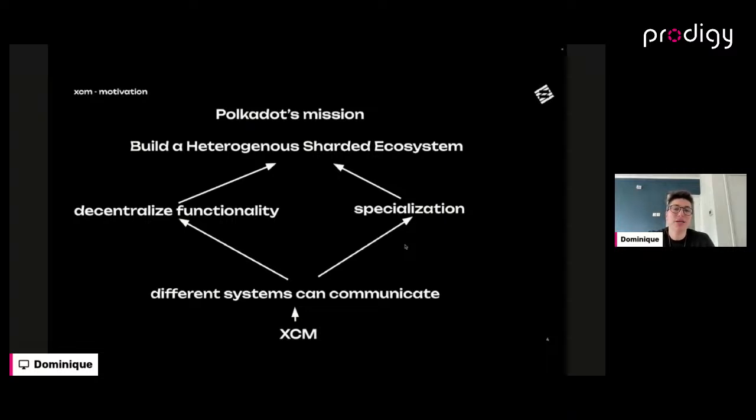So an ecosystem that involves a lot of different parts, each specialized in one thing, and they can all communicate with each other. And that's exactly what Polkadot's mission is. So as we can see with the slide, it's quite critical to have XCM in Polkadot's actual mission and purpose. So yeah, I thought it was important to mention that.